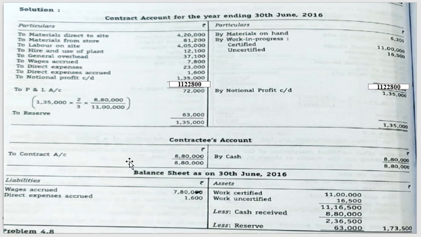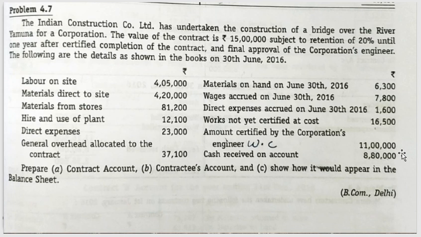Now we are preparing the contractee's account to know how much we have received from the contractee. The cash paid by him is cash received, so the journal entry will be cash account debit to contractee's account. Who is paying it? The contractee. So cash is coming in. By cash, how much is he paying? As per the question, cash received on account is 8,80,000.